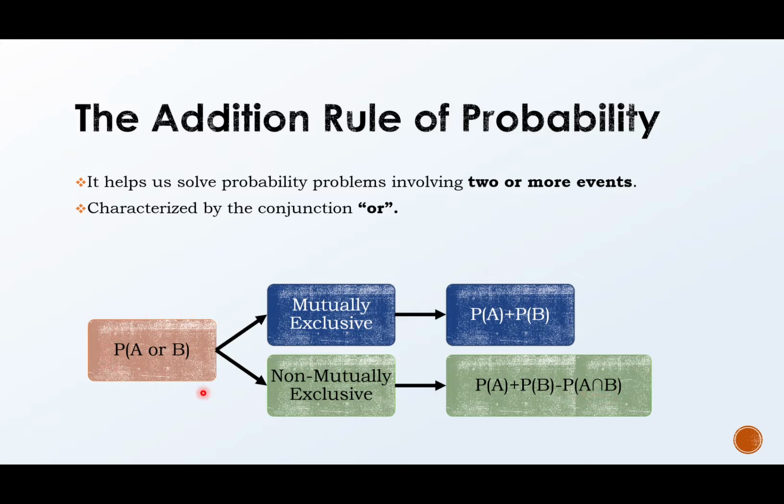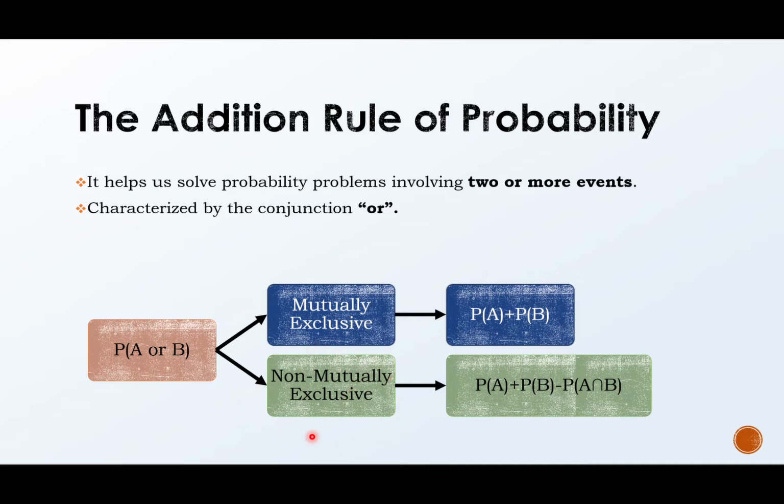Ibig sabihin guys, based on the formula, magkakaroon tayo ng idea what mutually exclusive and not mutually exclusive events are. So the probability of A or B, mutually exclusive events mean that event A and event B do not have any common sample points. Wala silang intersection.